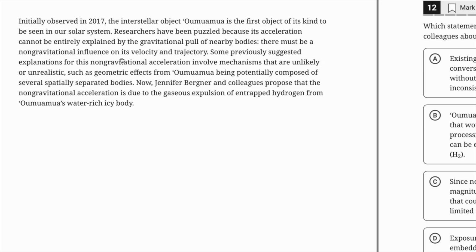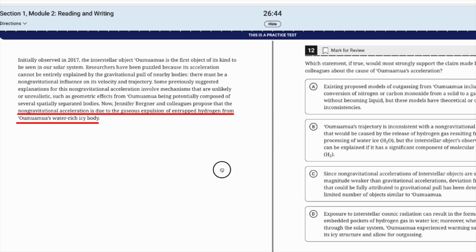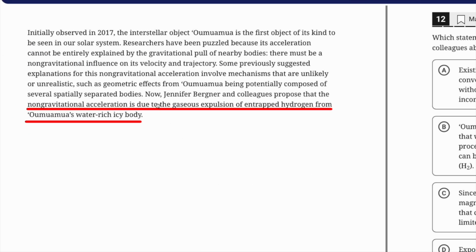Some previously suggested explanations for this non-gravitational acceleration involve mechanisms that are unlikely or unrealistic, such as geometric effects from its being potentially composed of several spatially separated bodies. Now, this person and colleagues propose that the non-gravitational acceleration is due to the gaseous expulsion of entrapped hydrogen.